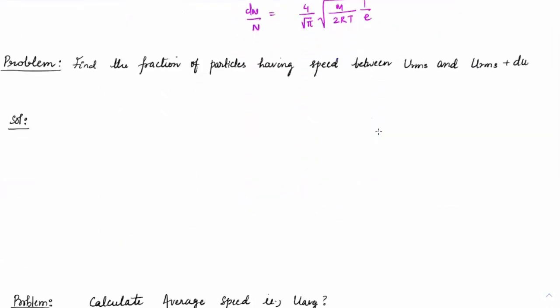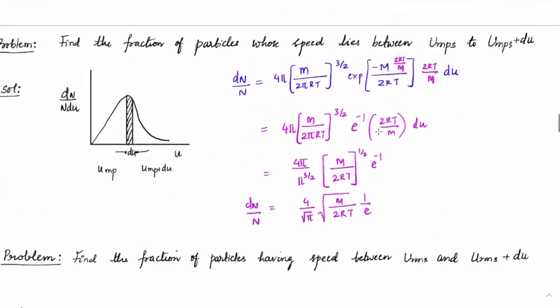Same thing, you should be able to calculate the fraction of particles for u RMS speed in the same formula. Instead of 2RT by m, this time you will put 3RT by m.